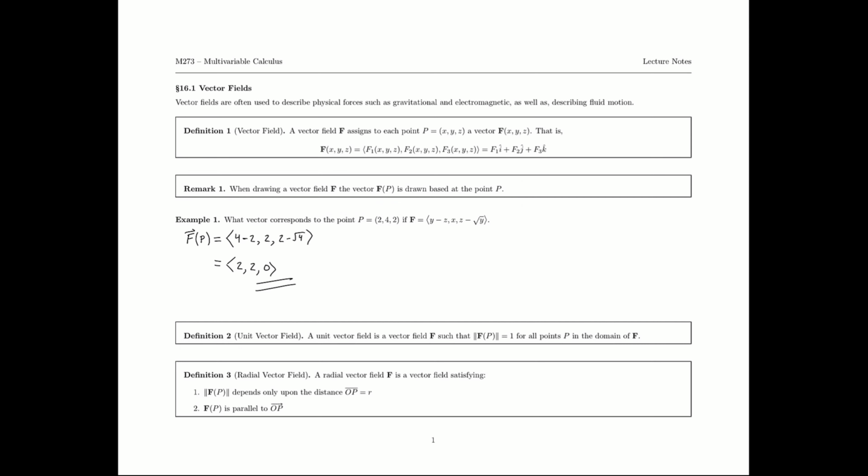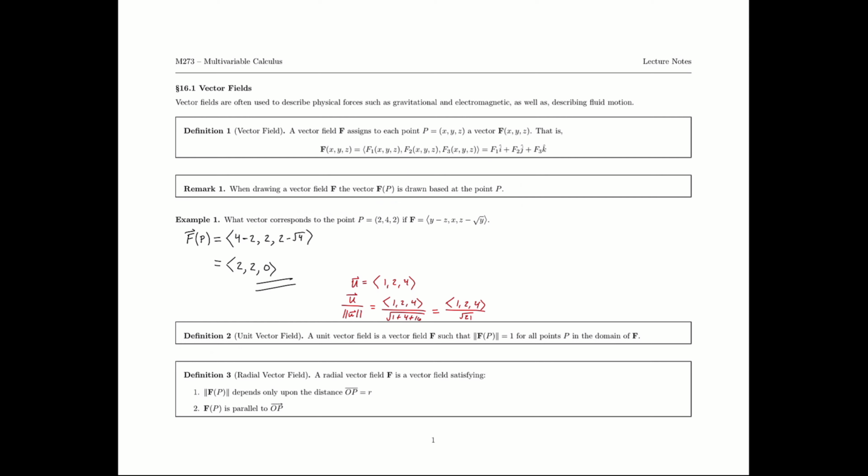So for instance here, if we had the vector, let's say u, which is equal to (1, 2, 4), then to make u into a unit vector, we would simply divide u by its own length. So we'd have the vector (1, 2, 4) divided by the square root of 1 plus 4 plus 16. So (1, 2, 4) divided by the square root of 21.